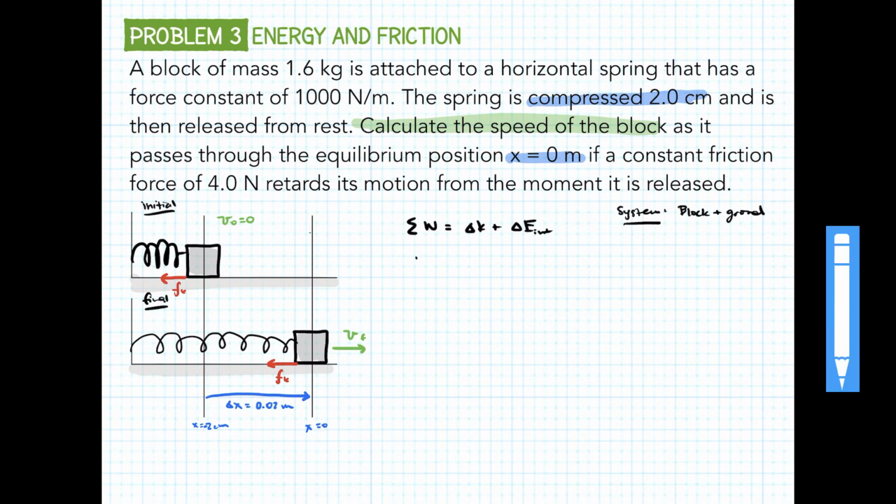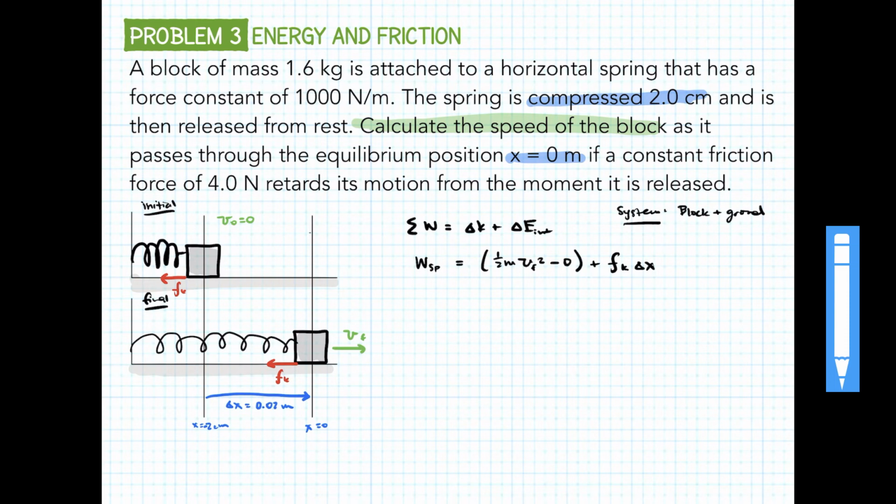So the work is the work from the spring. The change in kinetic energy is final minus initial, so 1/2 mv final squared minus 0. And our internal energy is just friction times delta x.